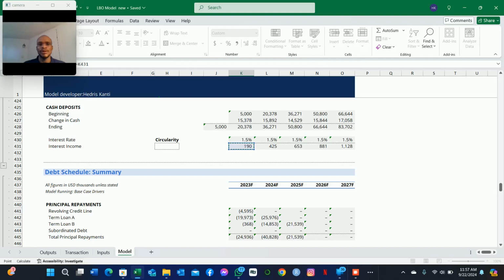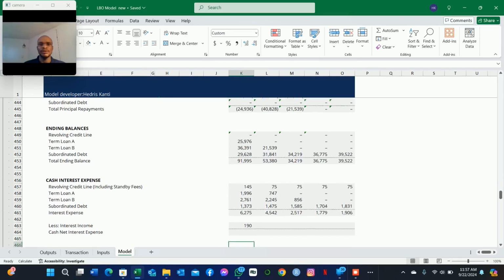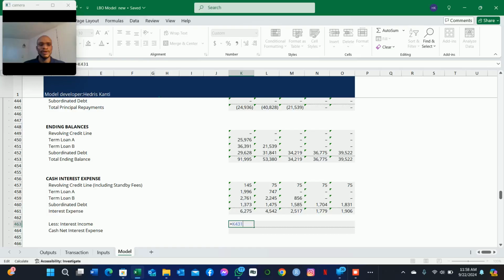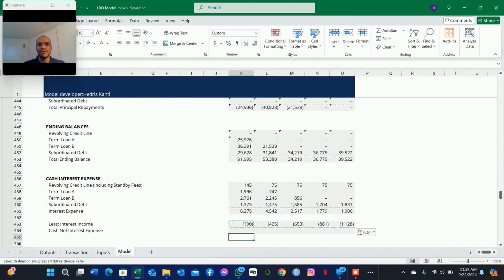So we had the interest income of this amount. In this case, we will just make that negative because we want to offset this interest income going forward to arrive at the cash net interest expense, because this interest expense is tax deductible. This will later on reduce our taxes to be paid in the future.